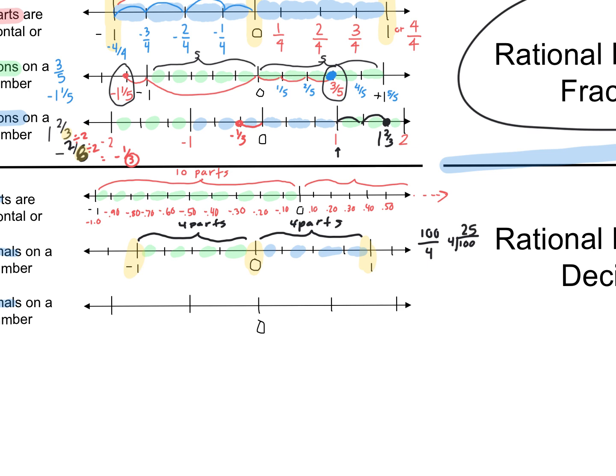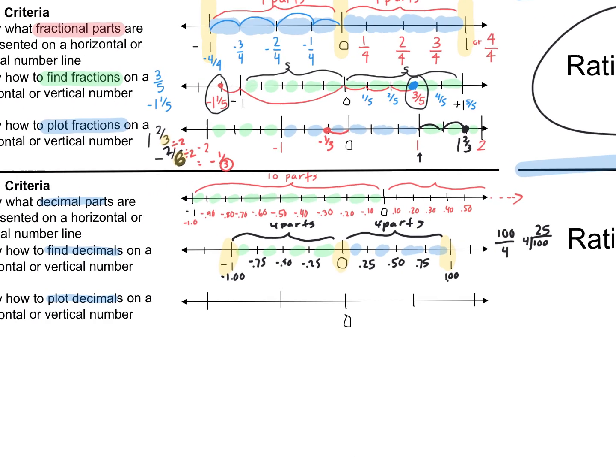So my decimals are going to be 0.25, 0.50, 0.75, and 100, or 1.0. On this side, we have -0.25, -0.50, -0.75, and then -1.00. Right, very, very simple.